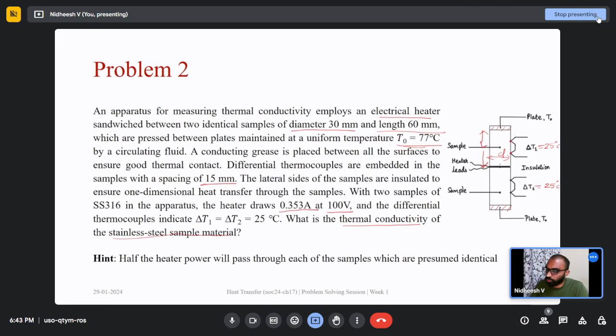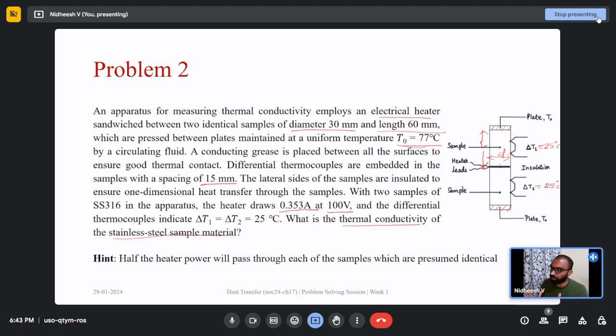Right now, in this first week, we will be looking at the steady state processes. There will be an initial amount of time in which the processes would be transient. All the temperature changes would be with respect to time, and after some time, it will attain a steady state where it will no longer vary with time. Right now we are looking at only those steady state processes.